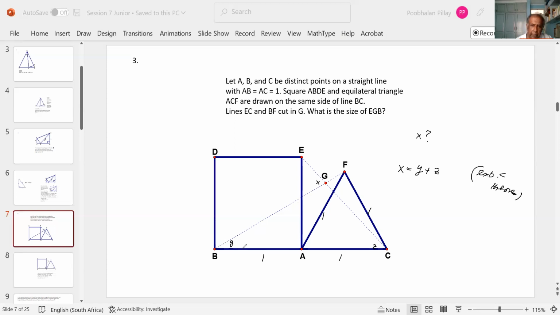F, B, A creates the Y. So Y is an angle in this triangle that I'm illustrating. But this triangle is isosceles. You see, these are both equal to 1. So the angle there is also equal to Y, because it's an isosceles triangle.